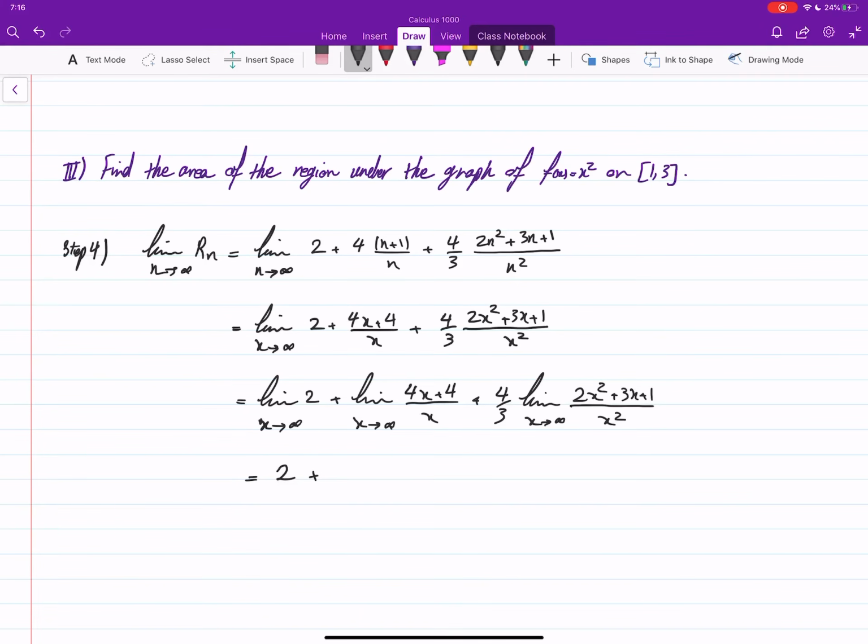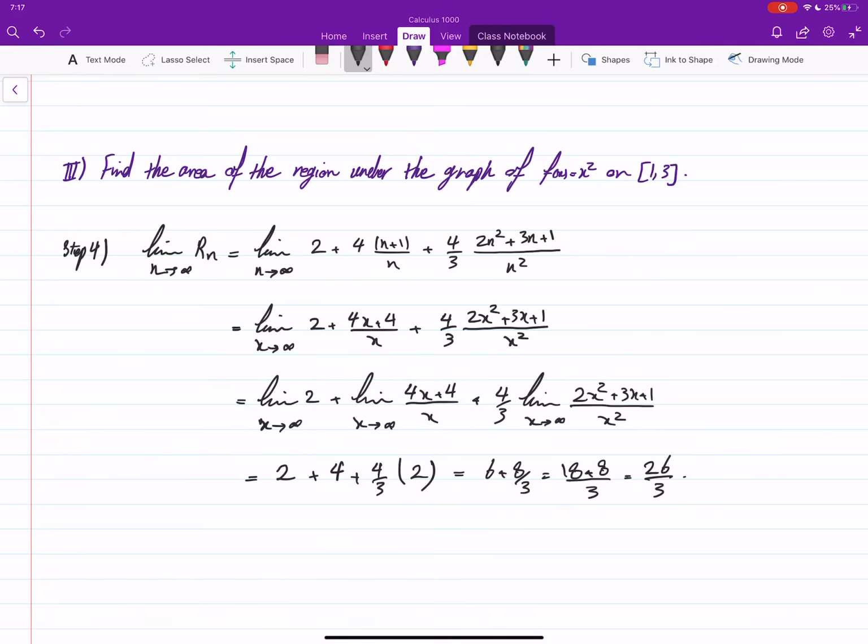The second one, you can use L'Hopital's rule, and this will give you 4. And then for the last one, you can use that again, and this will give you 2. So the number you're looking for now is 6 plus 8 over 3, and that is 18 plus 8 over 3, which gives us 26 over 3.